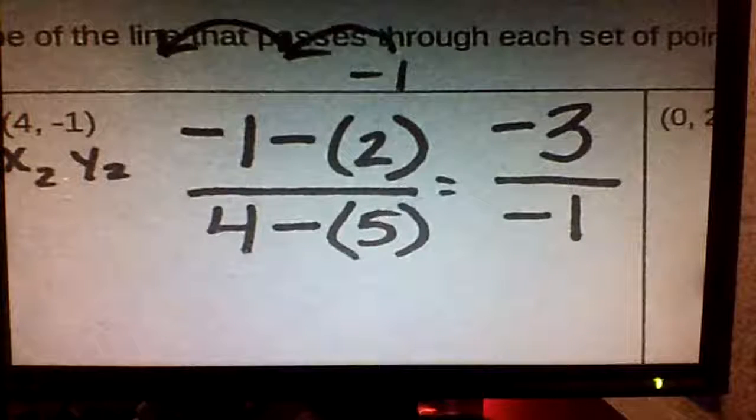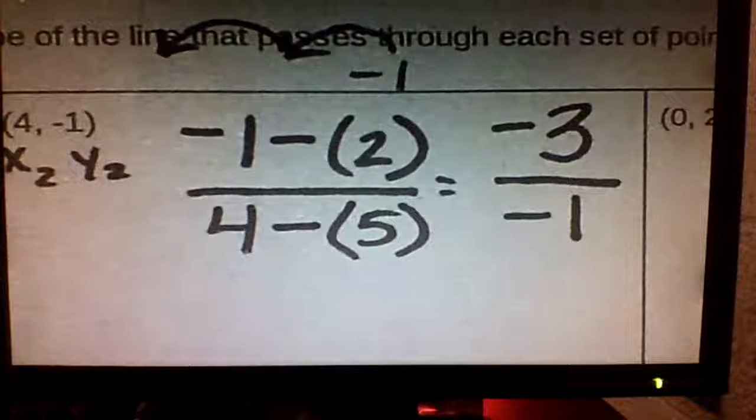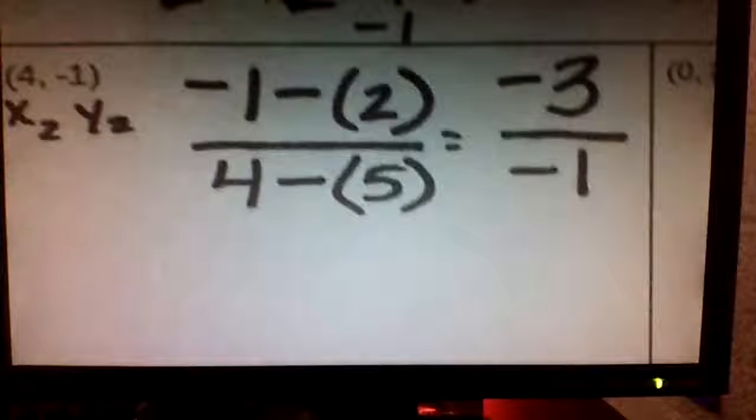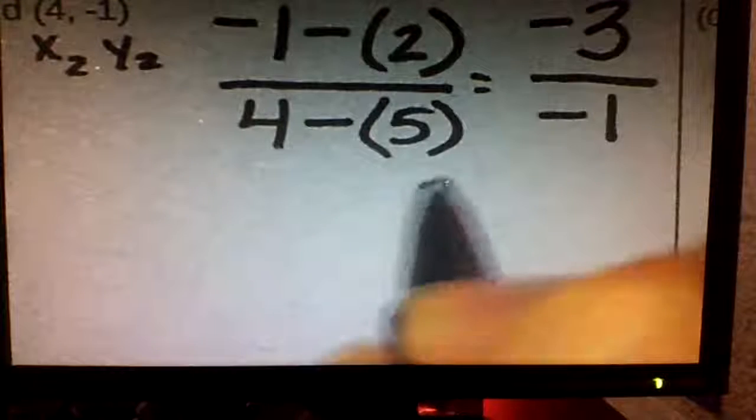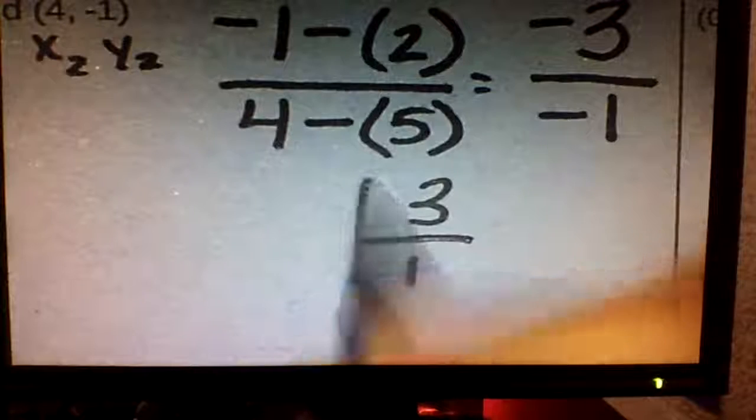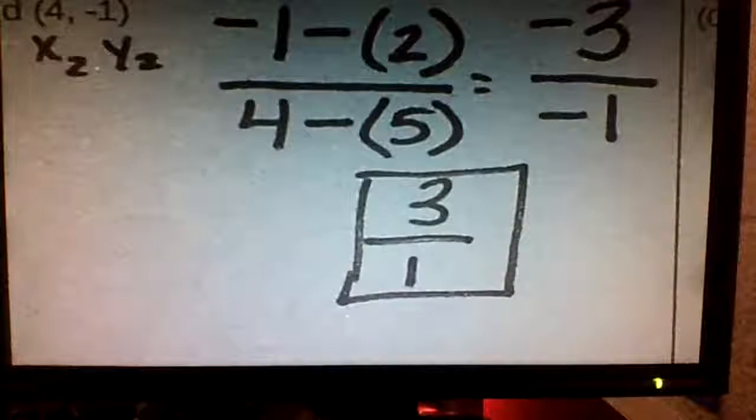You start at positive 4 and you're going 5 in the negative direction. Well, what's negative 3 divided by negative 1? Positive 3. Remember, a negative divided by a negative is a positive 3.